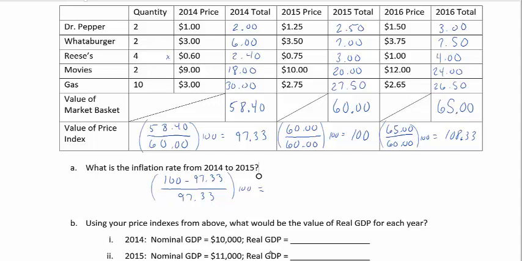I got 2.74%. So prices increased that year by 2.74%. Alright, if you do the same thing with the market baskets, you get the exact same answer. You could take 60, subtract the previous market basket, and then divide by the previous market basket, multiply by 100, and you get the exact same answer.